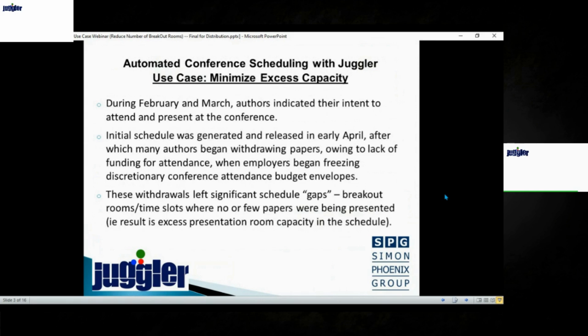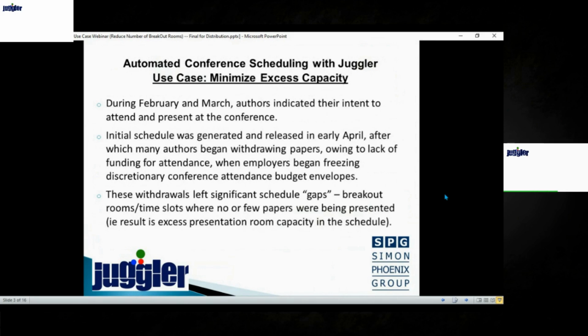So an initial schedule gets generated, typically during the March timeframe, released in early April. And again, in this example, where we had that extreme financial economic downturn stressor in play, many authors, many presenters began withdrawing their papers because their research institution, university, etc., told them that they weren't going to be funding their attendance.